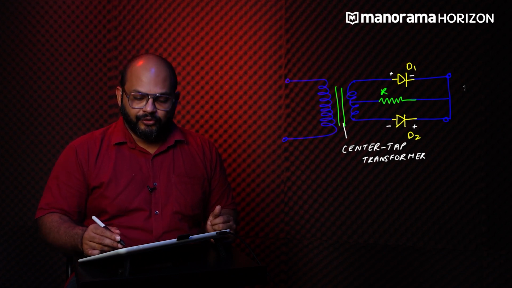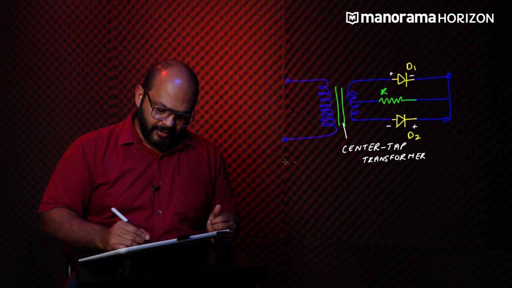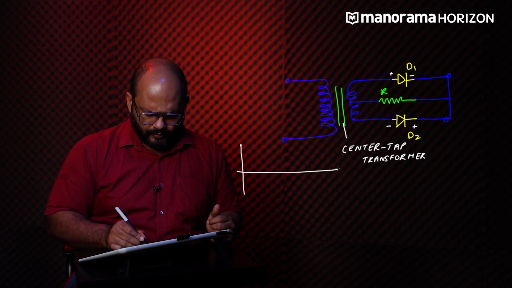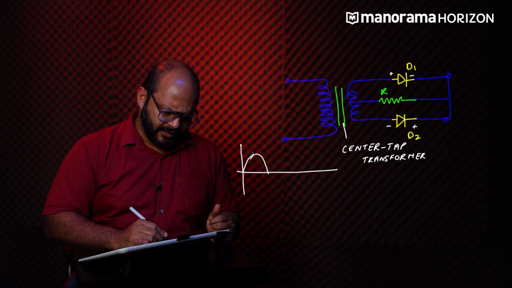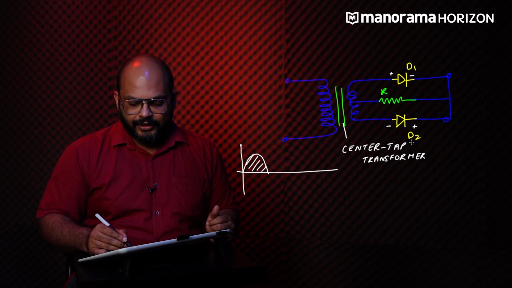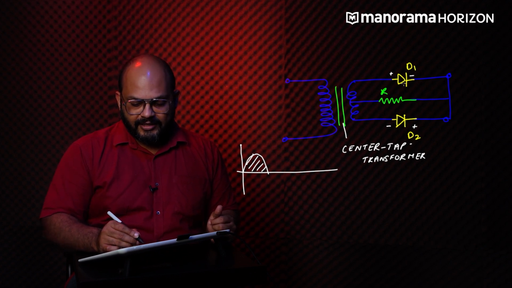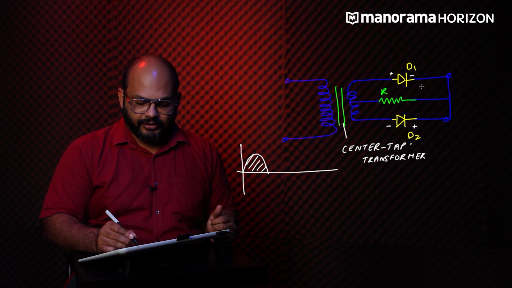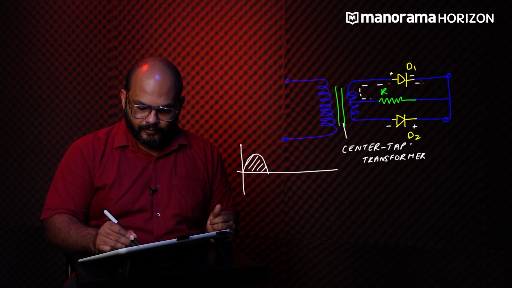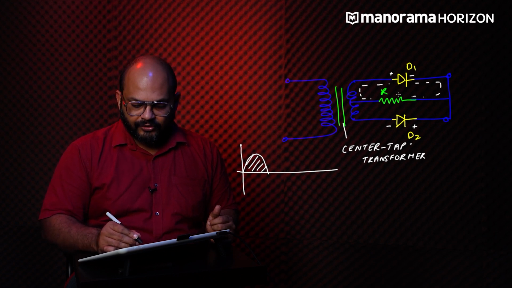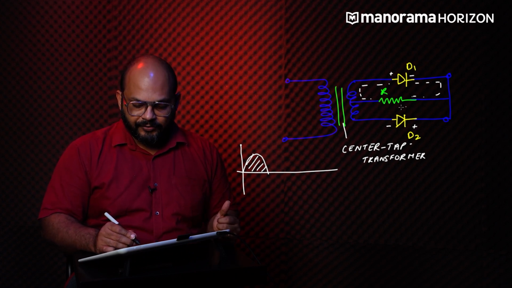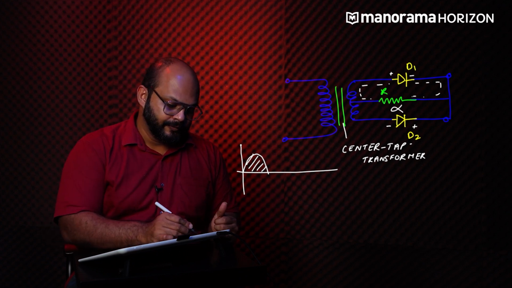Which means that for the positive half cycle, when the incoming waveform looks like this, diode D1 is in forward bias and diode D2 is in reverse bias, which means that diode D1 will act like a short circuit. It will allow the flow of current in this loop through the resistor, but diode D2 is in reverse bias, so it will be acting like an open circuit. There will be no current in this loop.